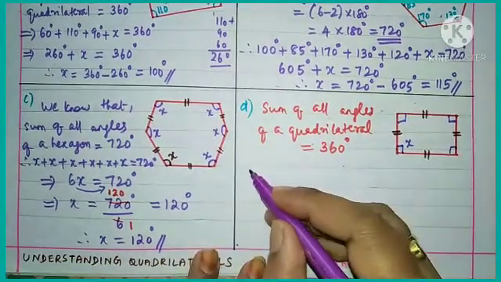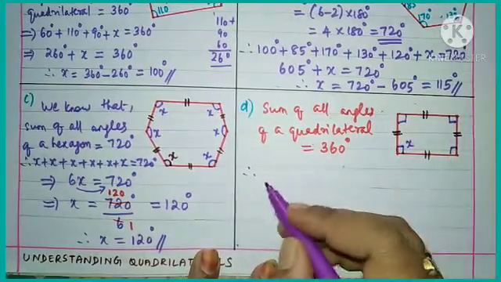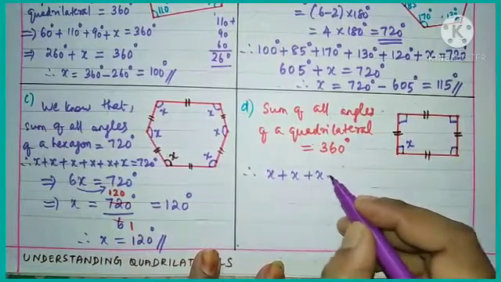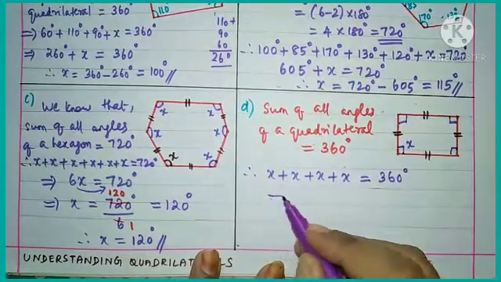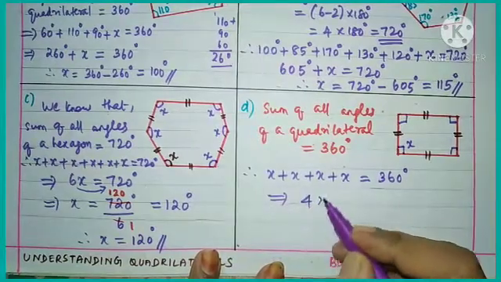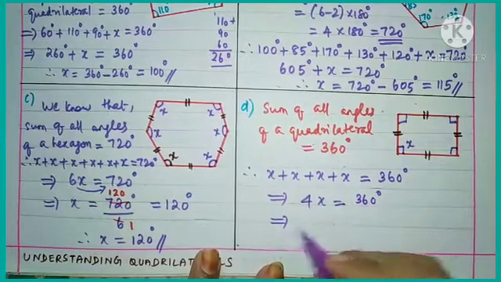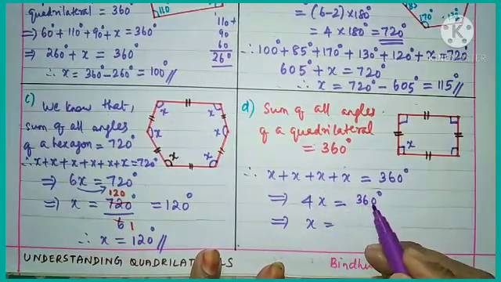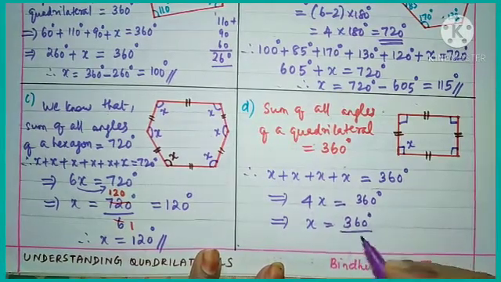So therefore here all the four angles are equal, correct? So x plus x plus x plus x equal to 360 degrees. This implies 4x equal to 360 degrees. This implies x is equal to, here also 4 will transpose and become division, 360 degrees by 4.